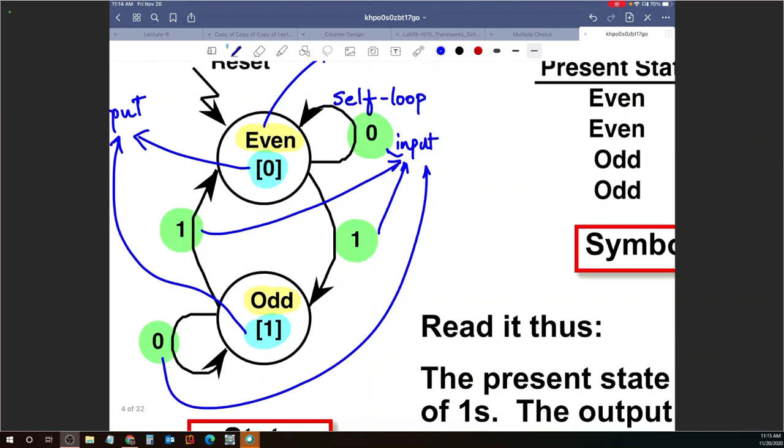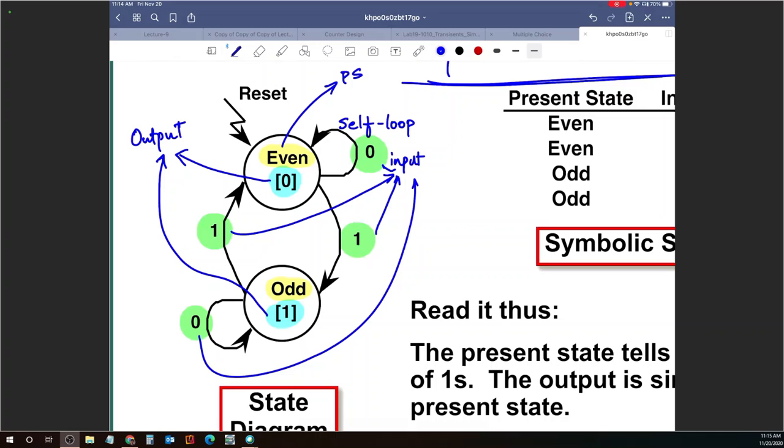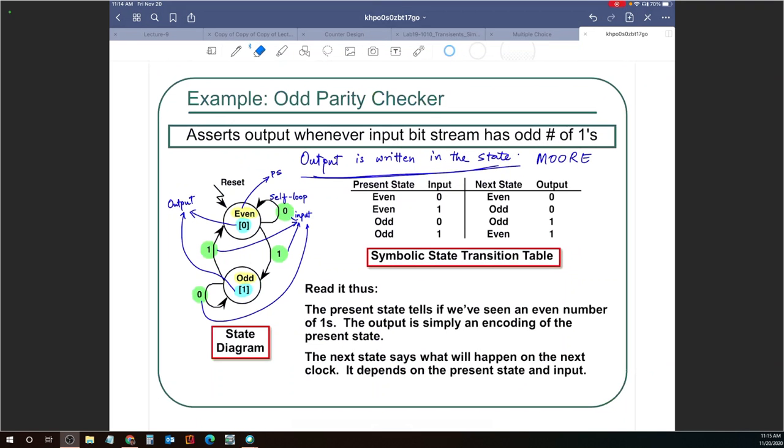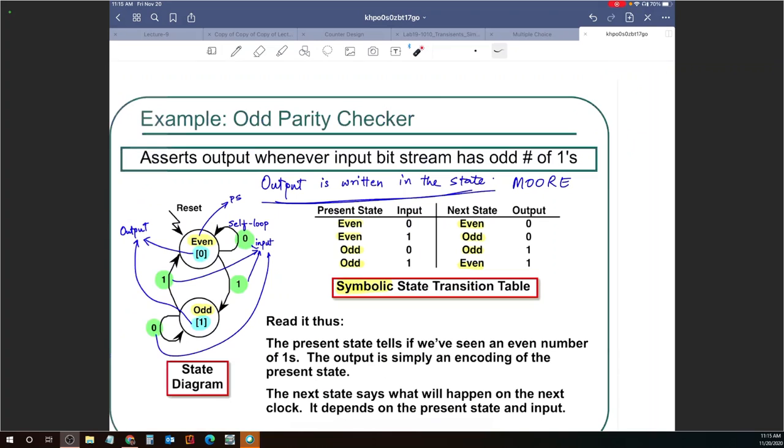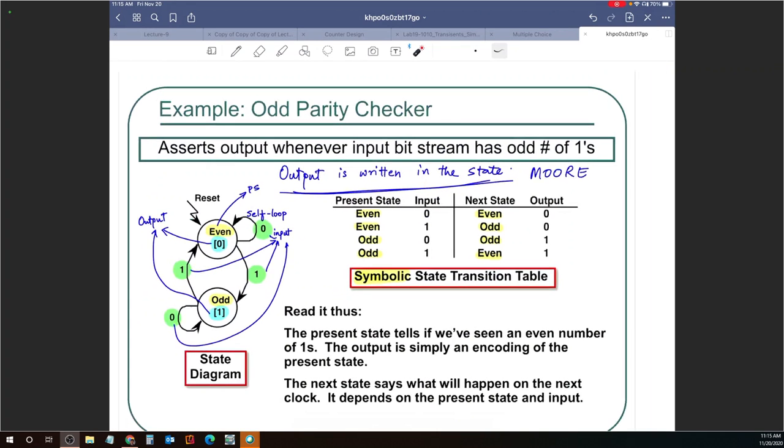All right, let's talk about this symbolic state transition table next. So in the symbolic state transition table, we use symbols. What are the symbols? Even is a symbol. Odd is a symbol. Even, odd, all of these are symbols, right? So there are 4 possibilities representing the transitions in the state diagram.